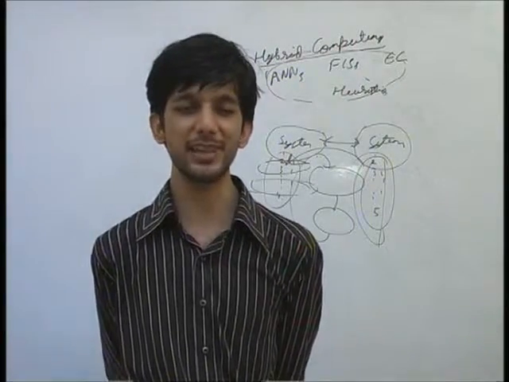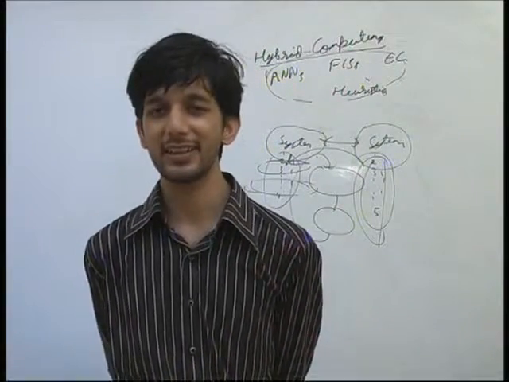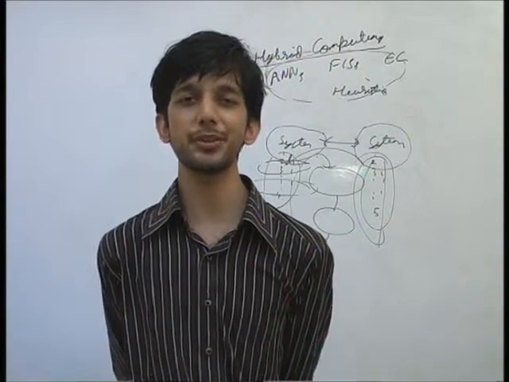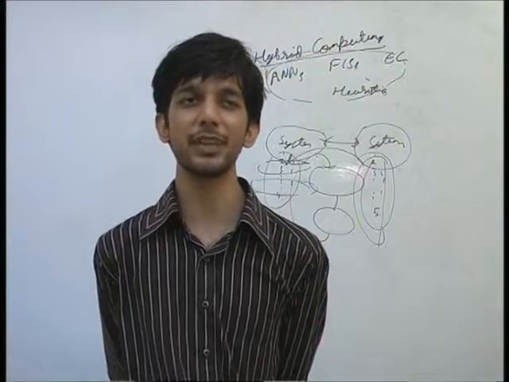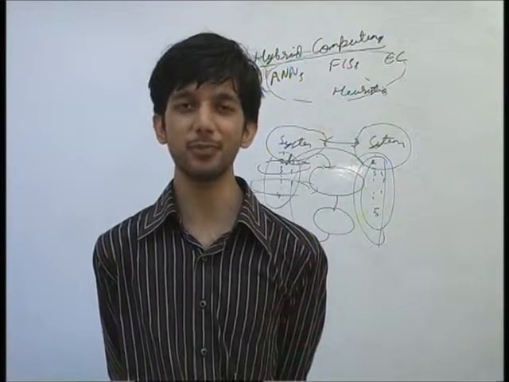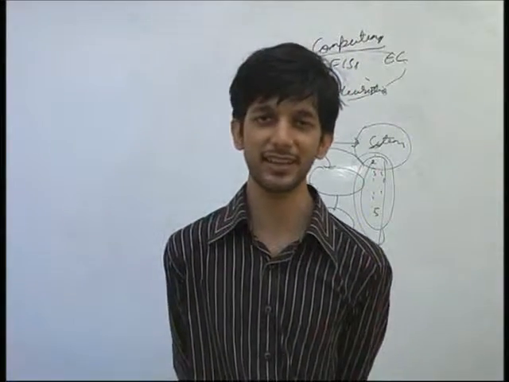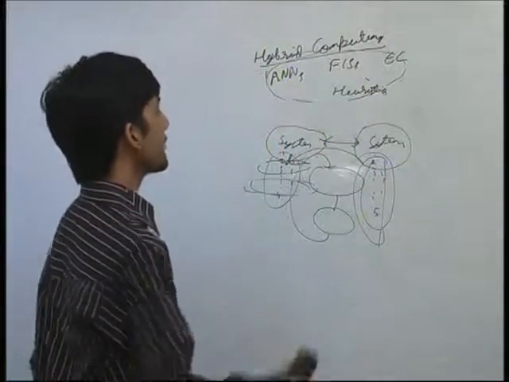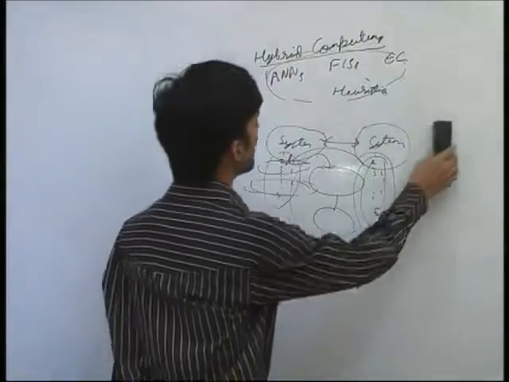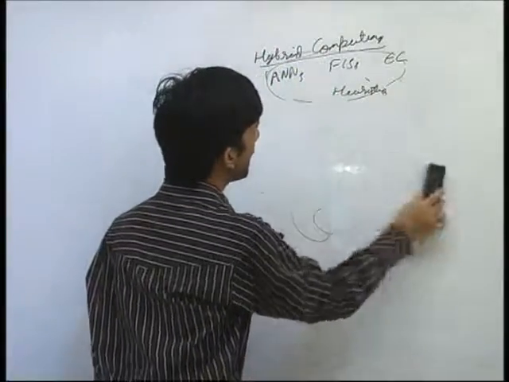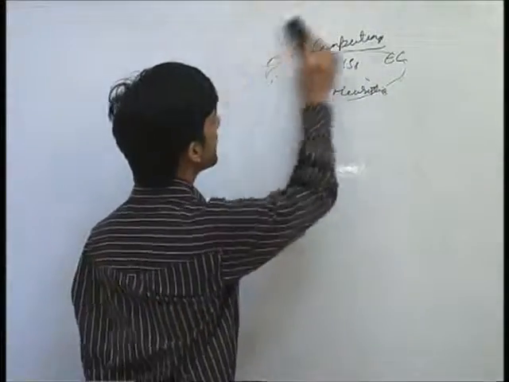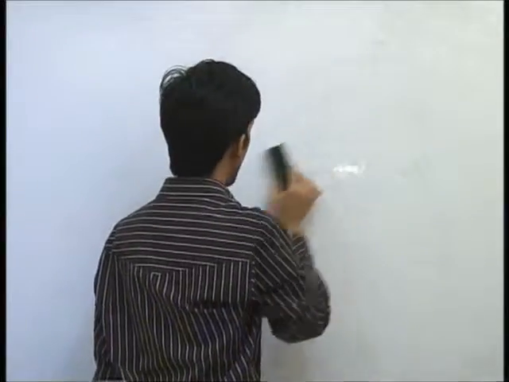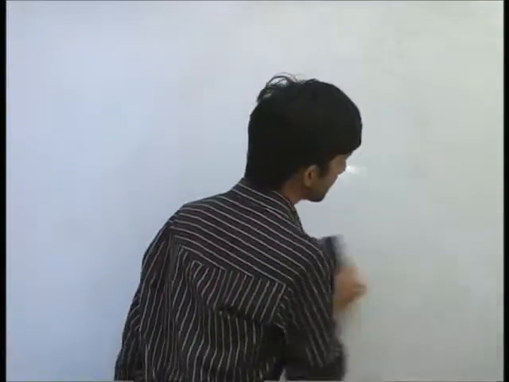In all these systems, we try to add some evolutionary computing principles over them in order to have the most optimal architecture of these systems evolving along with time. So that is the general principle, the general fundamental of what hybrid computing is. That will be the agenda for the next few hours of study.